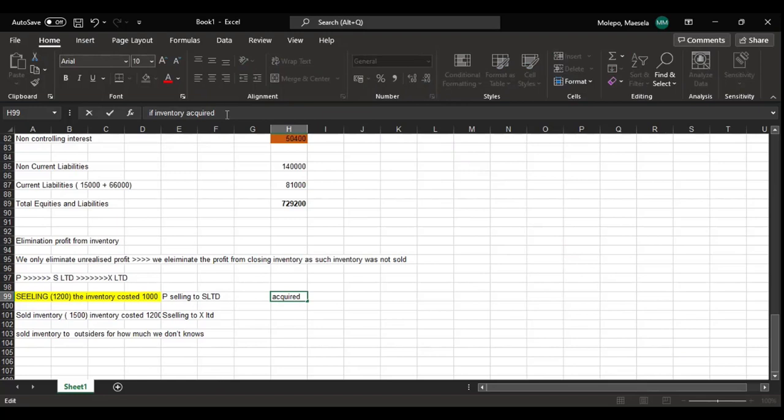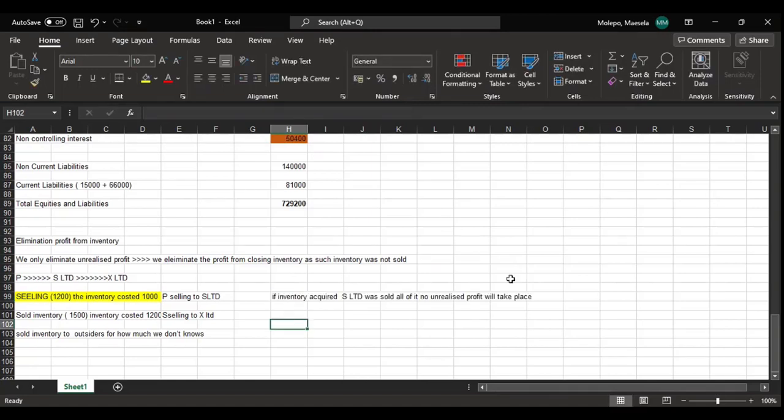If inventory acquired by S was sold, all of it, no unrealized profit will take place. But if the inventory is not sold, then there will be unrealized profit.